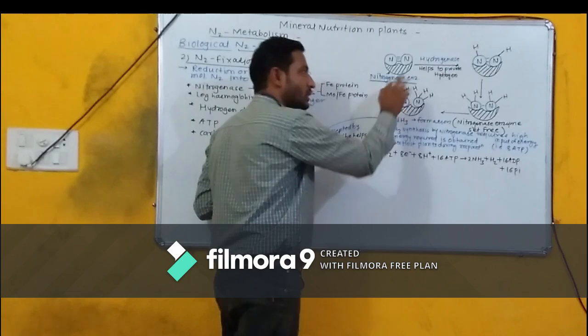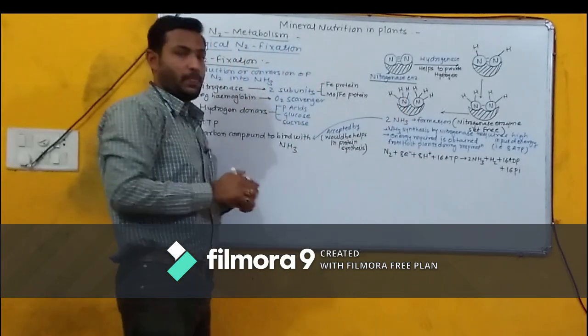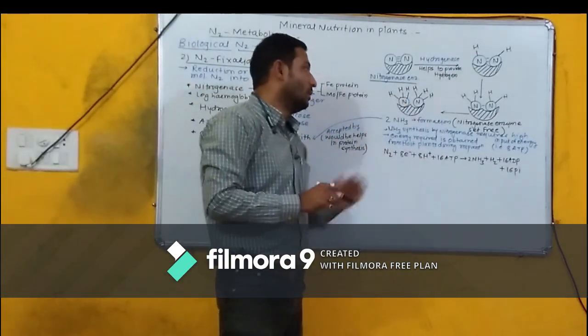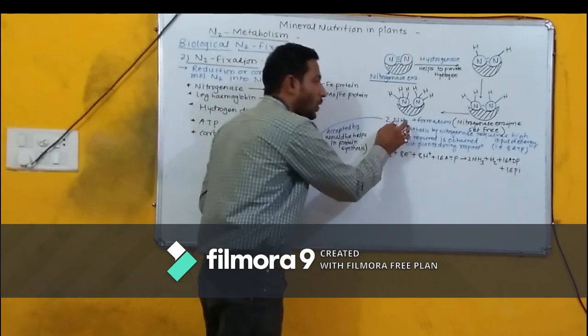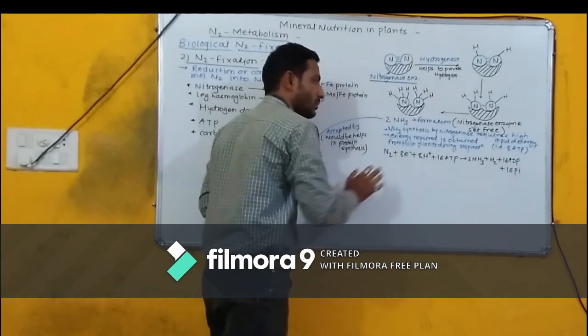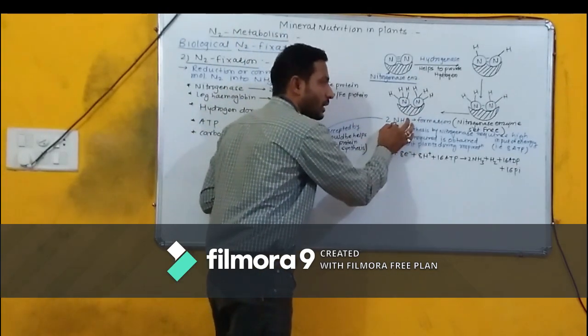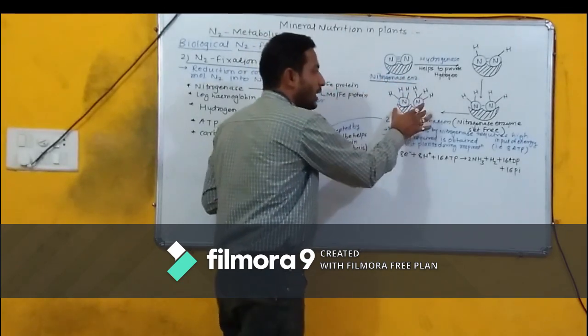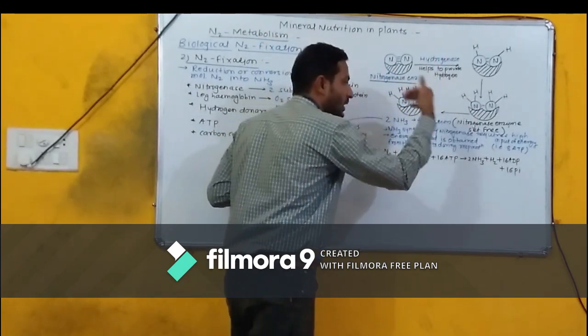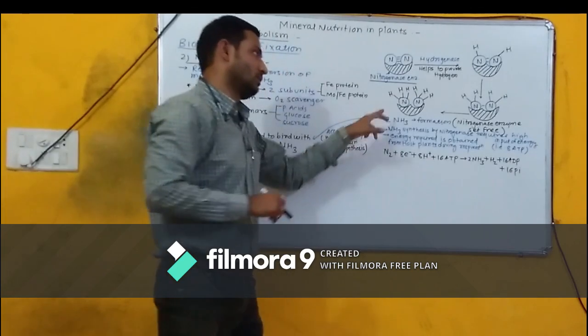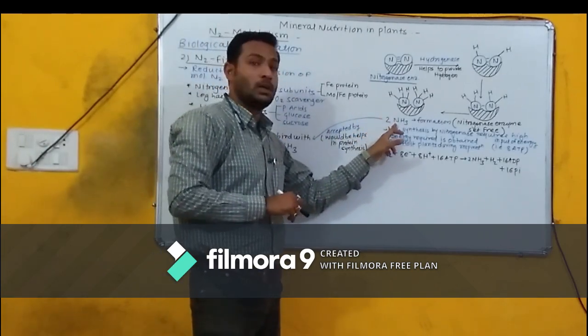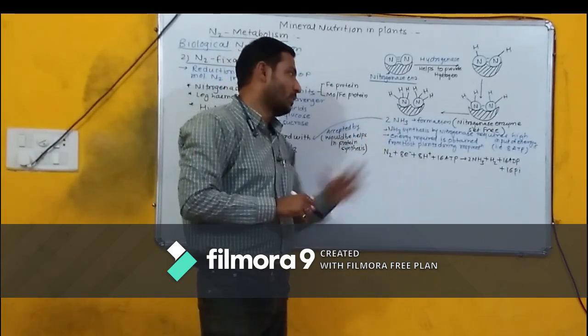Here the reduction of nitrogen is completed, and now there is formation of two NH3, and the nitrogenase enzyme is set free after the formation of two molecules of ammonia.